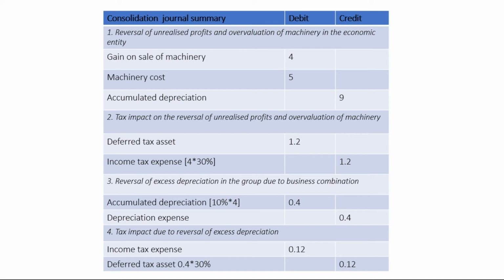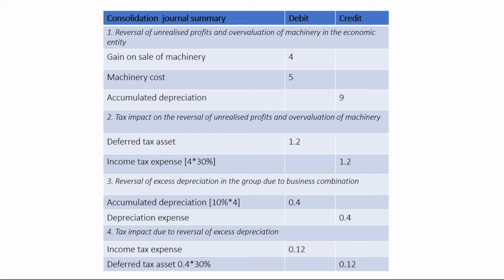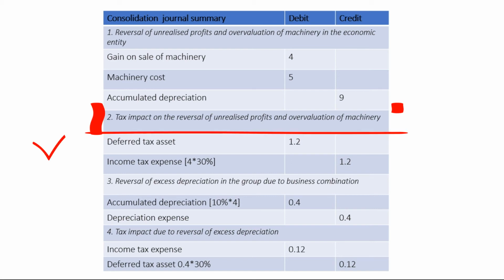When it comes to asset transactions, there are 4 sets of journal entries. The first one is the reversal of unrealized profit and overvaluation. The second is the taxation impact on the reversal of unrealized profit and overvaluation.